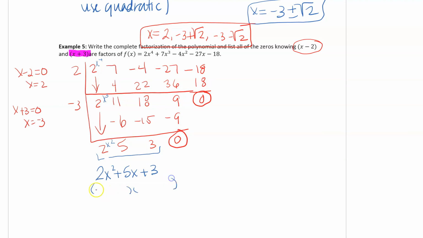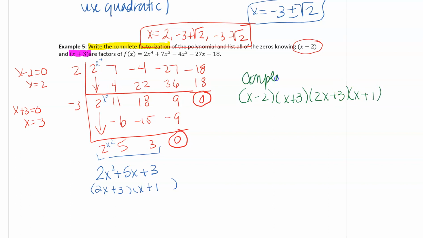This one actually works out to be the factors of 2x and x, and then plus 3 and plus 1. And so then it asked, write the complete factorization. That would be x minus 2, x plus 3, those were given, 2x plus 3, and x plus 1.